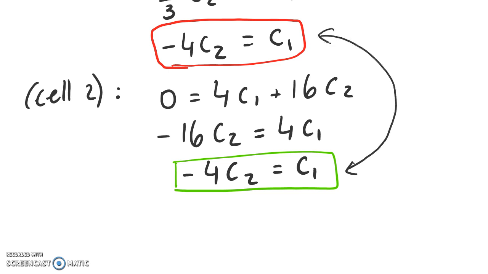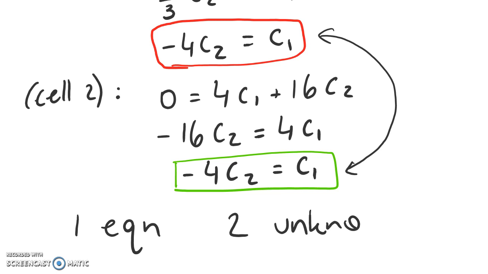So here, essentially, because these equations that we have to satisfy are exactly the same, it means we only have one equation but two unknowns. And when we have one equation and two unknowns, that means we should have infinitely many solutions.